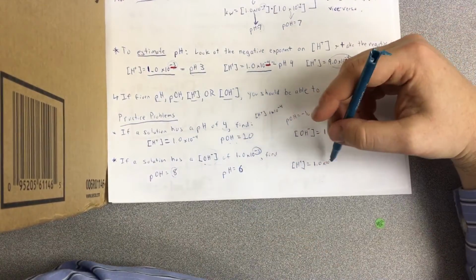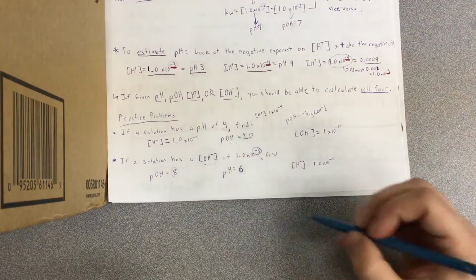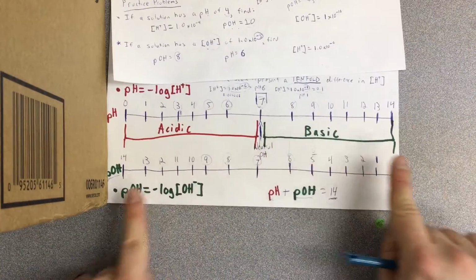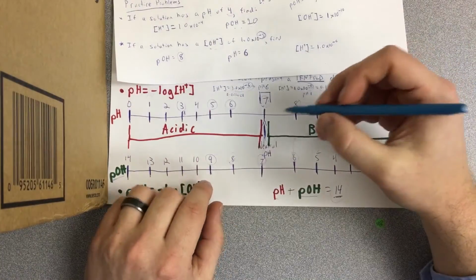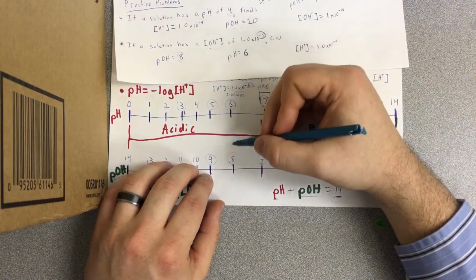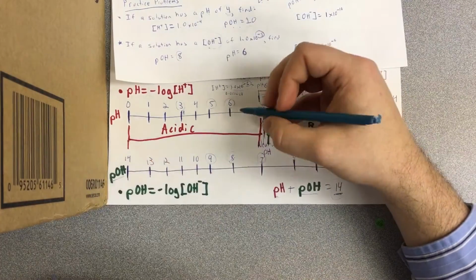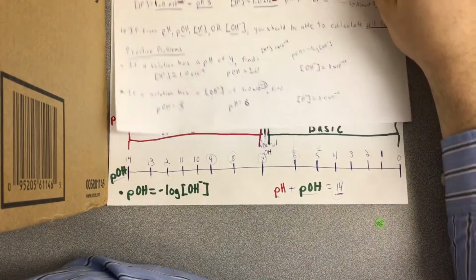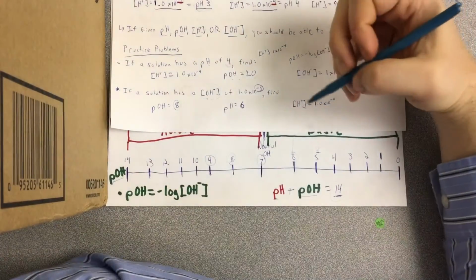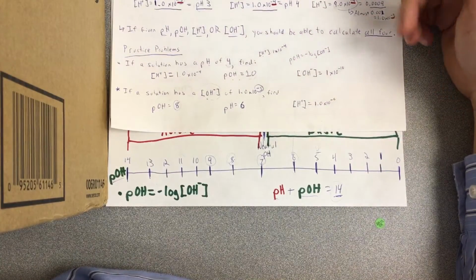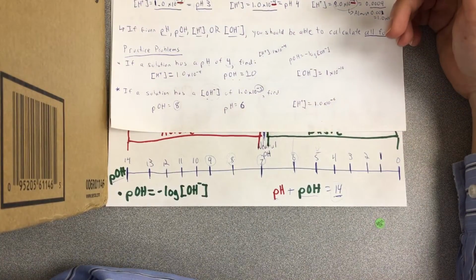Overall, these problems aren't particularly hard once you get the hang of them, as long as you understand these scales running in reverse and understand that the value on one scale corresponds to an increased value on another scale. As soon as you get the hang of them, you will be able to do them pretty easily, but it requires a little bit of practice and a little bit of thought.